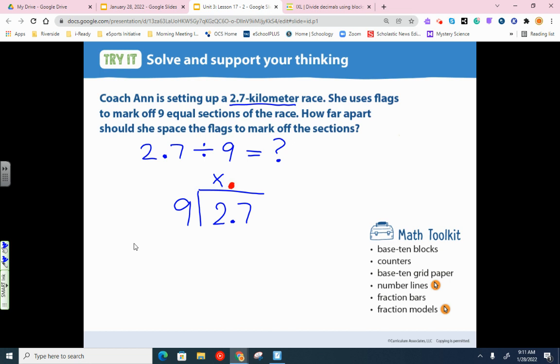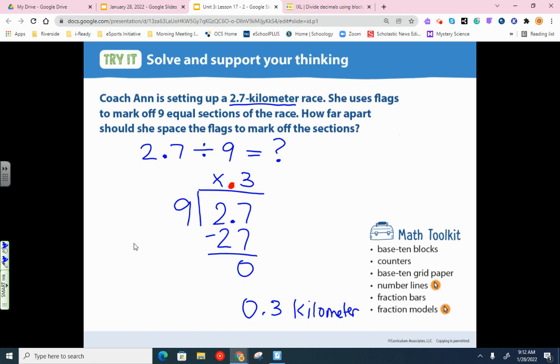So we'll see if 9 goes into 27, and if we go by 3, we'll see that we get nothing left over. So our answer is, how far should she space the flags? 3/10 kilometer is how she should space them, just like that. Okay, so there's that. Pretty simple.